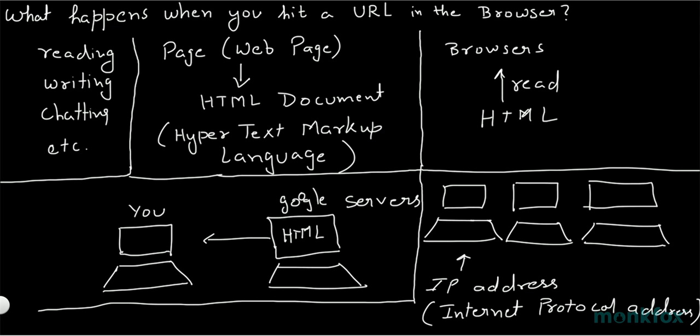So whenever you need to access an HTML document on any remote machine or any website, you need to know its IP address. But I don't think you type IP address on the browser. You never do. What do you type on the browser? You type google.com. Let's see how that works out.